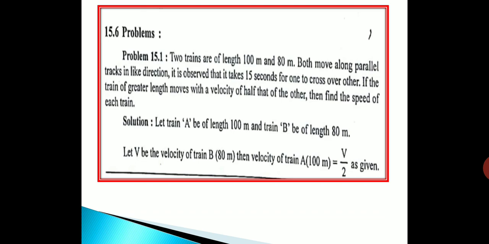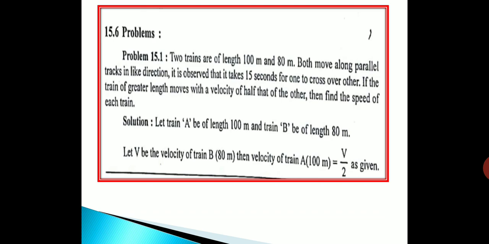Both are moving along parallel tracks in like direction, in a sense, both are moving on parallel tracks in the same direction. Now it is observed that it takes 15 seconds for one train to cross over the other train.